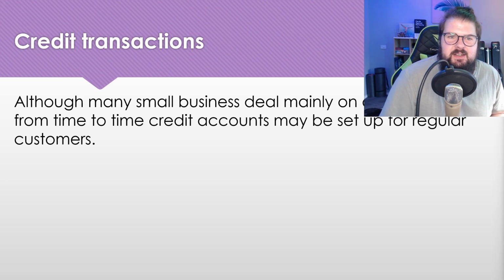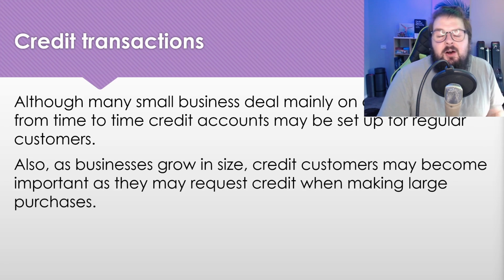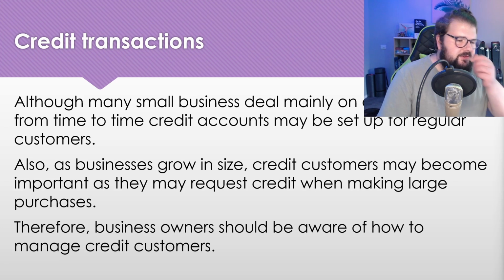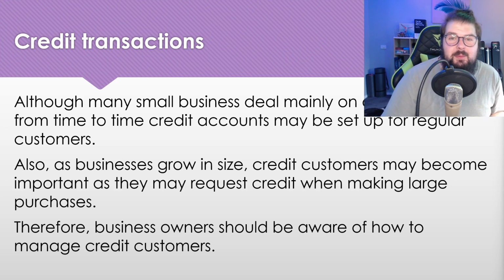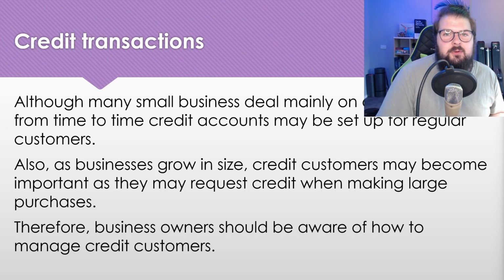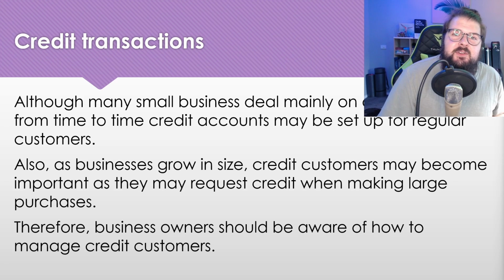So far we've been dealing entirely on a cash basis, but as businesses grow, credit is often something that we need to offer. So it's important that we understand how we manage these credit transactions and the impact that they can have on the business. To start with, we're introducing a new document.